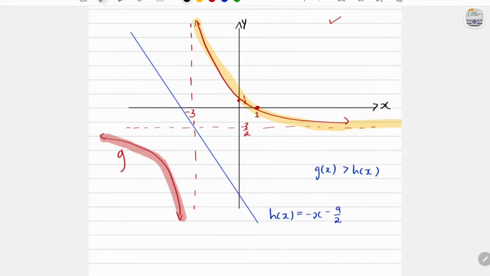This is what I mean by that. Let's look at it like this. See this point over here? Its y value is negative whatever that number is, right? Now, we have to look at this graph's y value for this same x value. So the x value we're referring to is something here. And if you're looking for this graph's y value for this same x value, look at where that is.